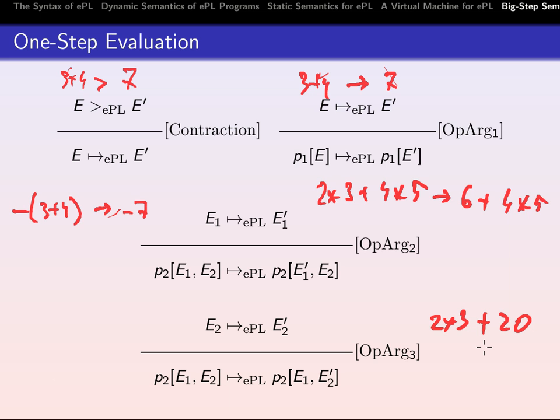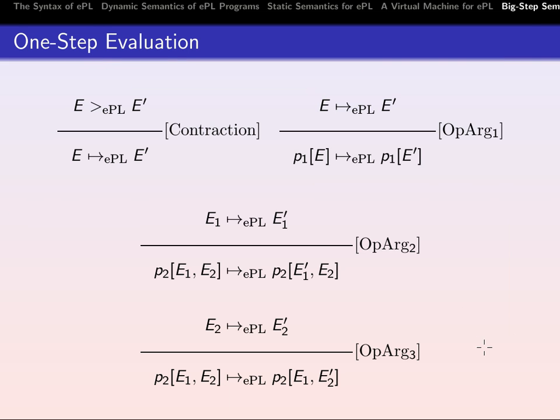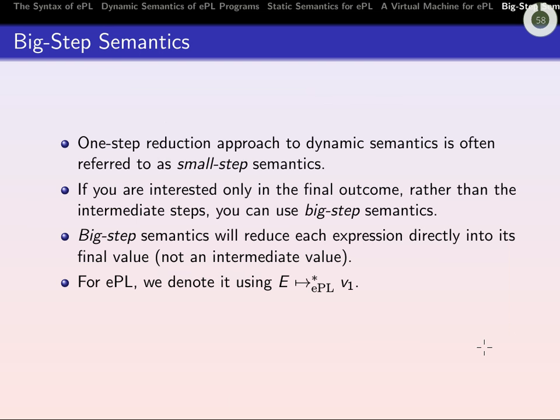Now, what do we want for the semantics? We want the transitive and reflexive closure of this, as we've seen before. So the big step semantics looks at the entire thing that we want to process always, and shows that entire thing as transitioning through the steps of evaluation or processing.